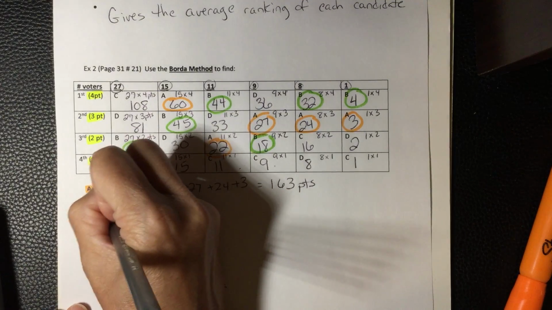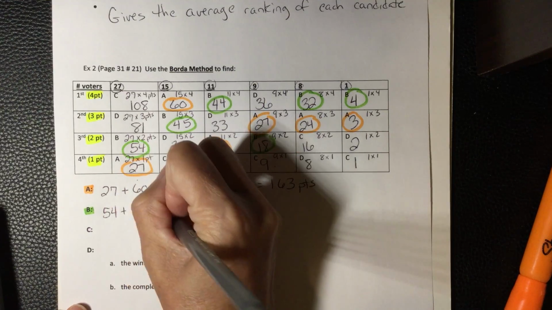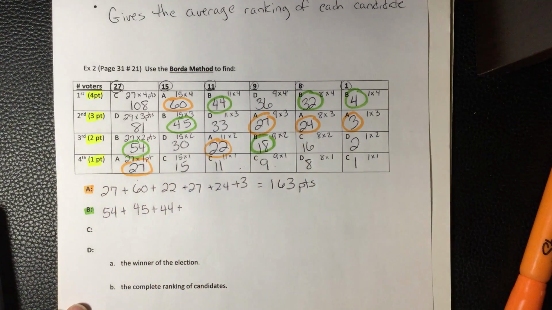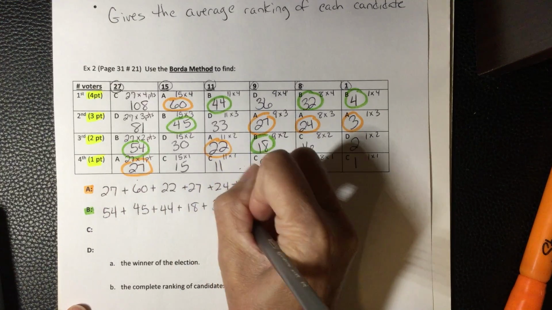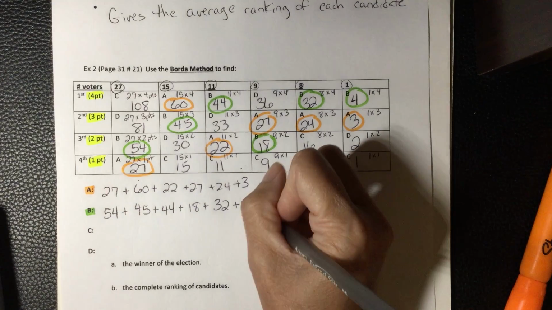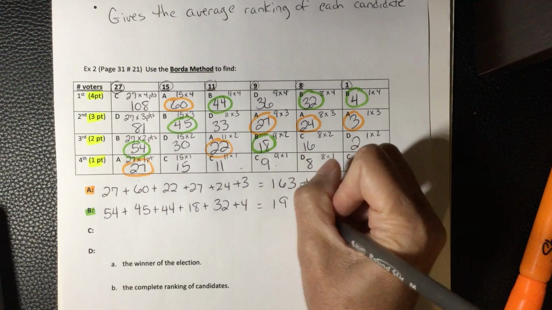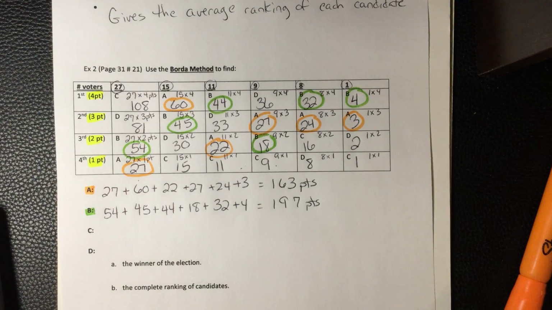All right, so we're going to add that up. 54 plus 45 plus 44 plus 18 plus 32 plus 4. All right, so that comes out to be 197 points. So a little bit better than A.